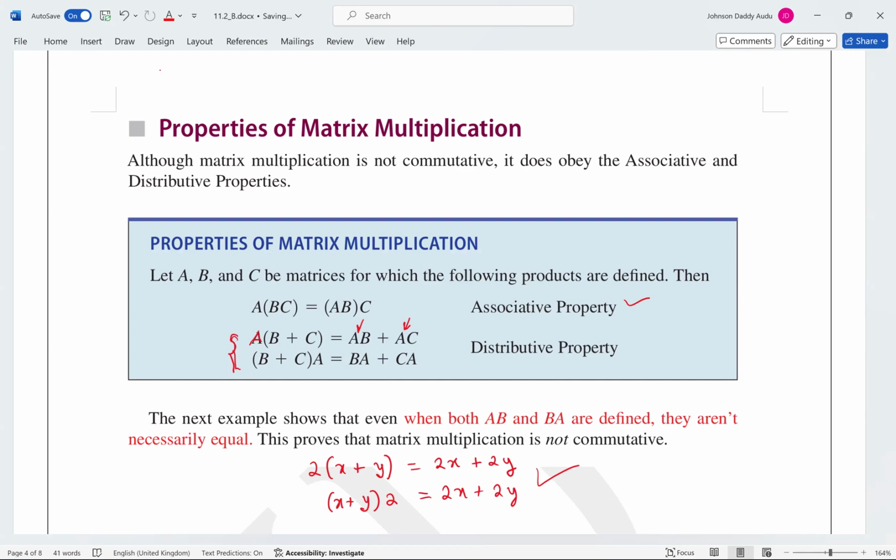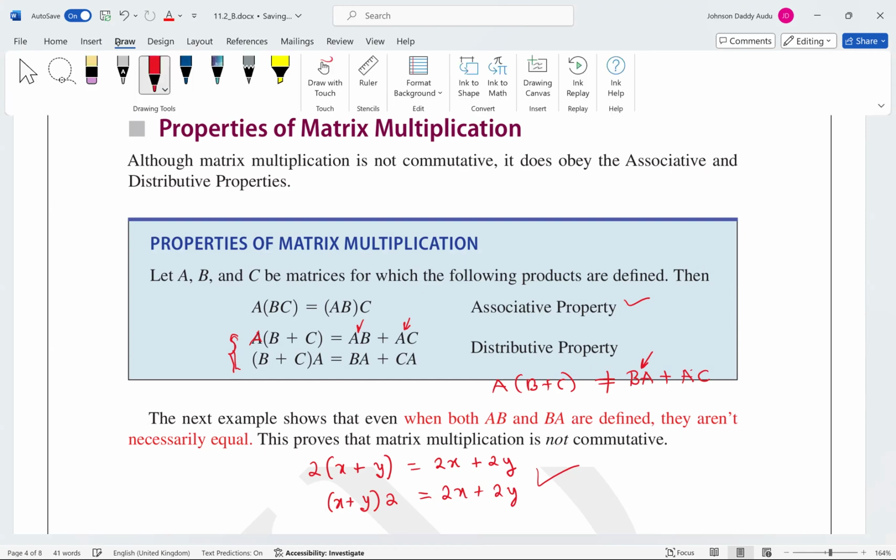So if you have A(B plus C), it's not the same thing as BA plus AC. This is not the same, because here you have changed AB to BA, which is not always the same. So you must keep the A to the left.